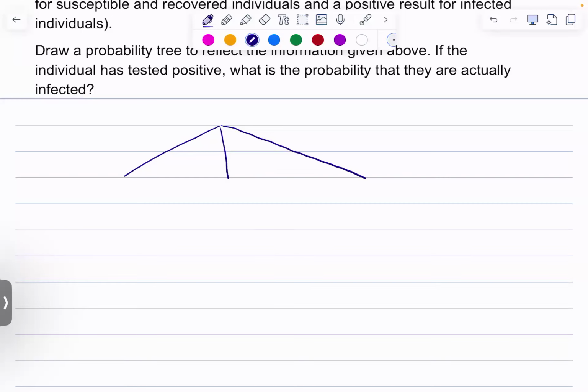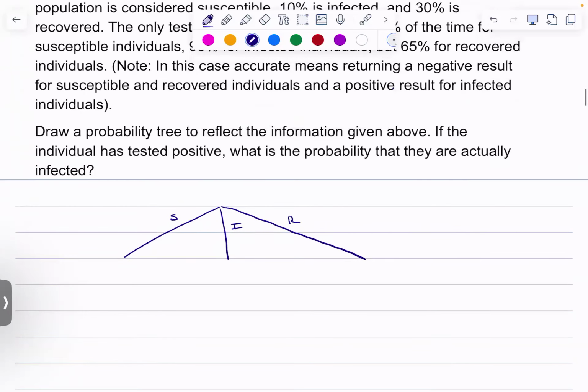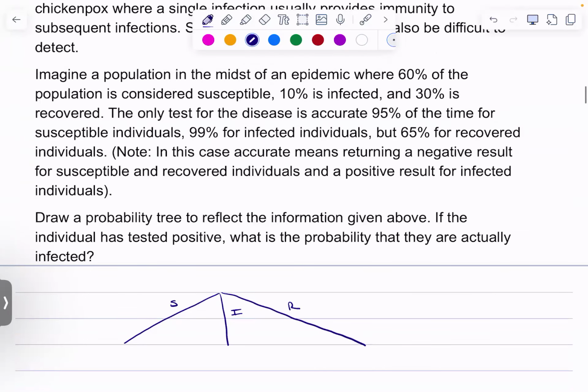Sun clouds over. Is going to be whether this individual is susceptible, infected, or recovered. And we're given the probabilities of these things happening. If you read on, you can confirm that this is going to be the first layer of your tree diagram, okay? Because then we are going to run a test.